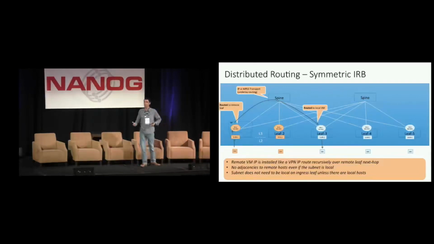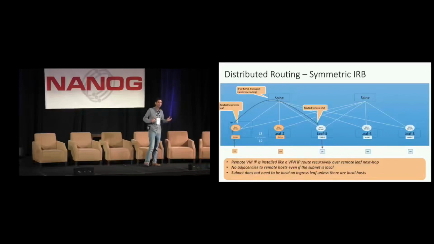Another way of looking at it is: instead of installing an ARP entry for a remote host in a stretched subnet or a stretched VPN overlay, I put a routing entry, much like an L3 VPN style routing entry, directly into the IPVRF that recurses over the egress leaf, which looks like a remote PE router to me, together with the L3 VPN encapsulation or L3 VPN label advertised from that remote leaf.